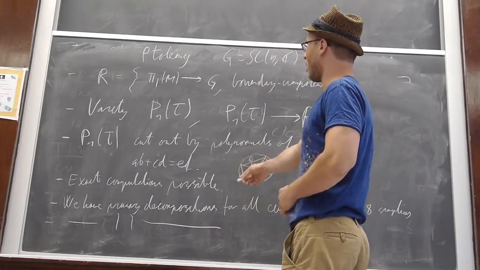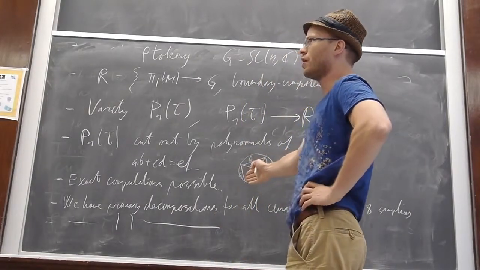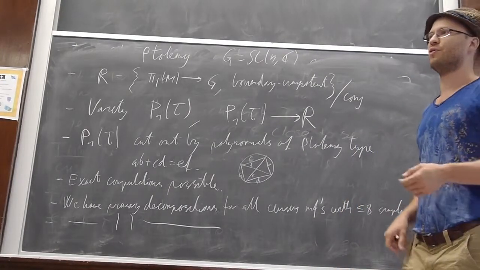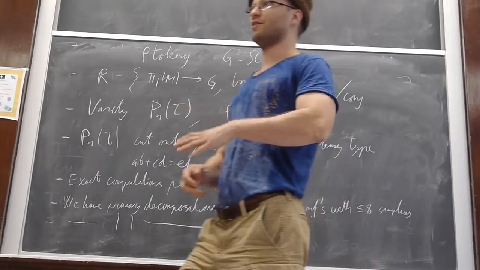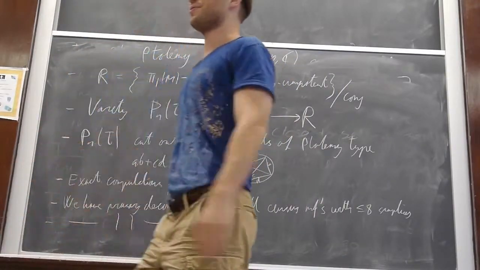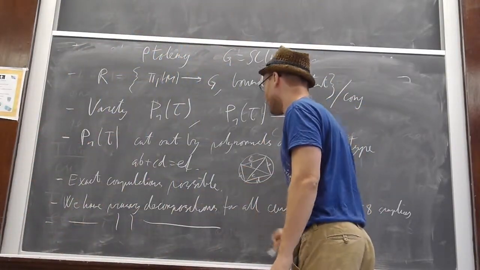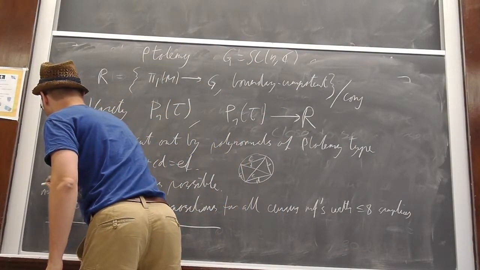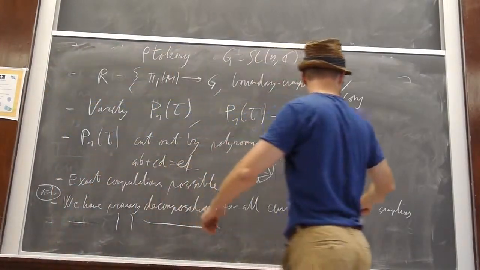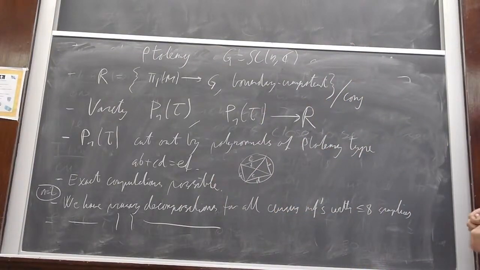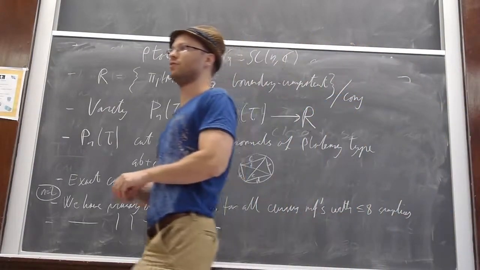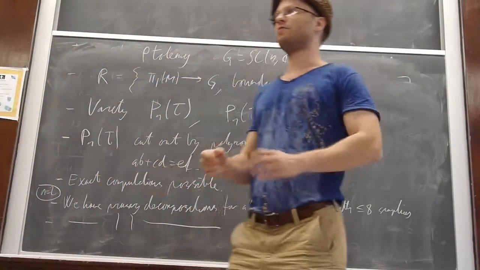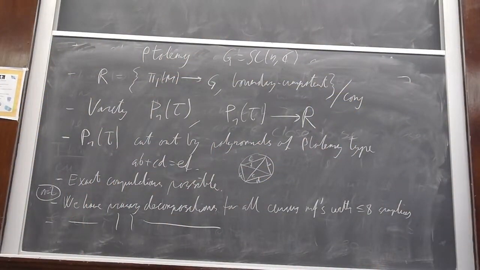Exact computations are possible also for n equals 3, but for higher than n equals 3, we can only do the figure 8 knot and some components for its sister. So for n equals 3, we can do all for 3 simplices, and a lot of them for 4 simplices, and some for 5, but not more than that.